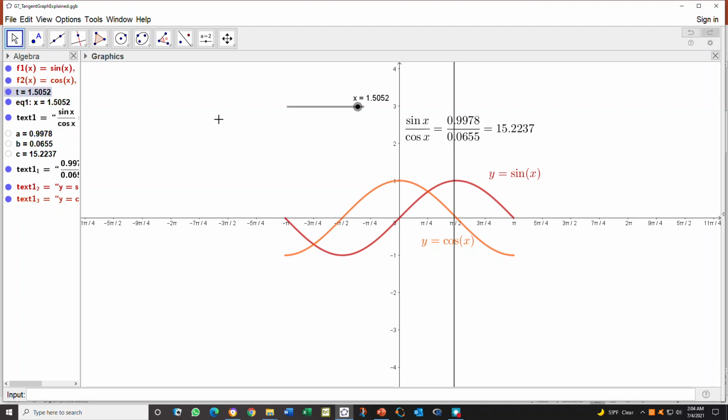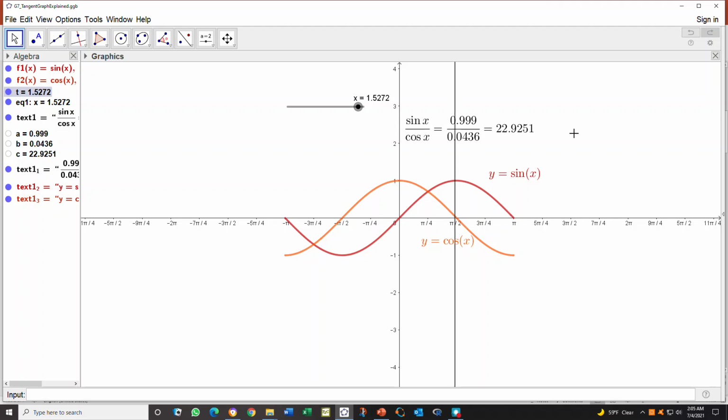I am to the left of pi half, but each time I am moving closer and closer to pi half. I want you to look at what happens to the sine x over cosine x, which is tangent x. 15, 16, 17, 18, 20, right?